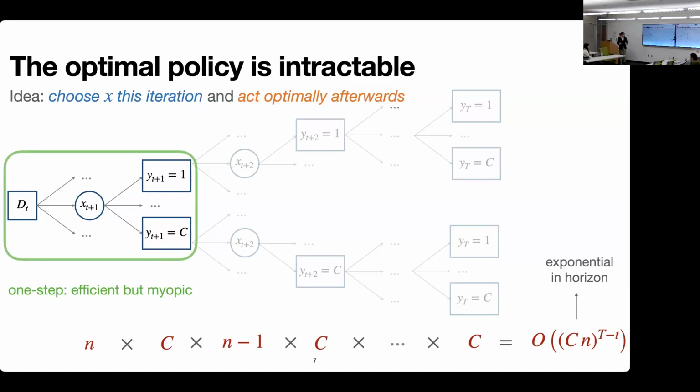So this gives you a very efficient policy. You only need to look one step into the future, but it's myopic in a sense that it doesn't account for future decisions that you can make. So it might misjudge some of the actions that you can take.